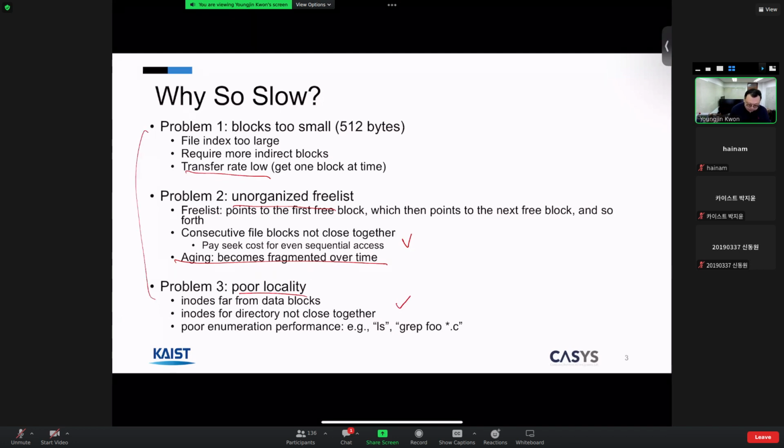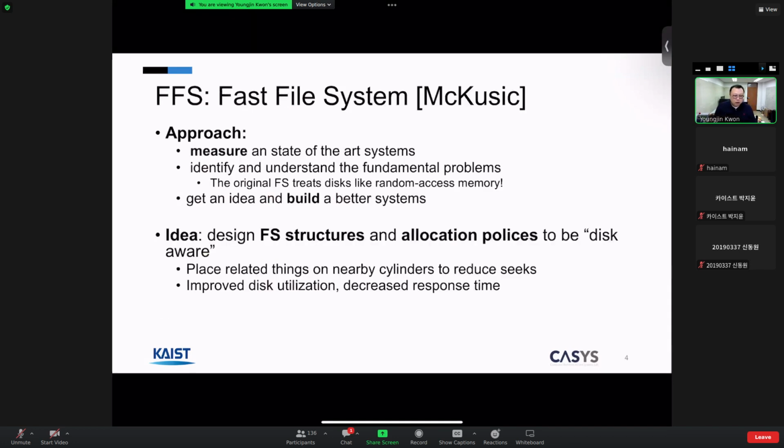Okay, three problems. So the approach is to measure these state-of-the-art systems and provide ideas to build better systems. The key idea is to redesign the file system structure and block allocation policy to be disk-aware, disk-friendly.